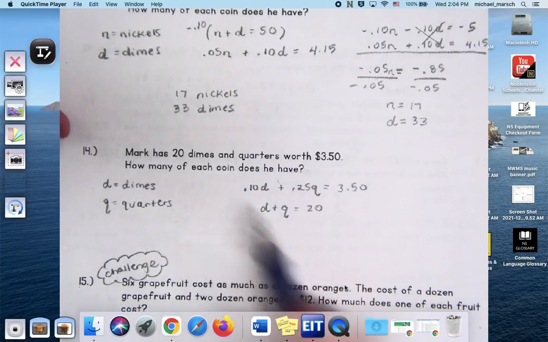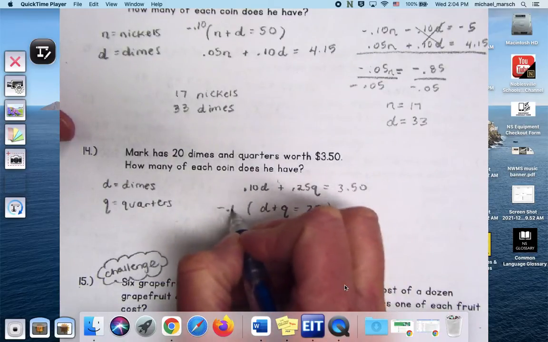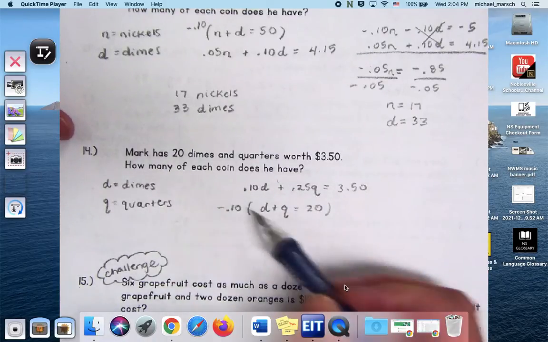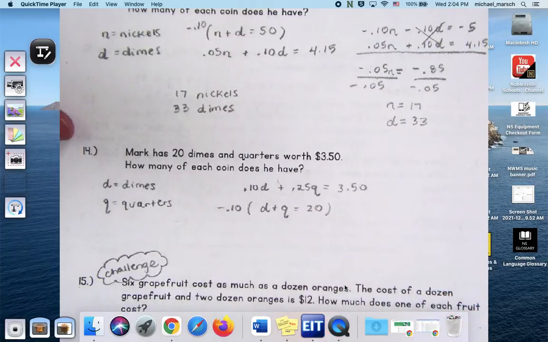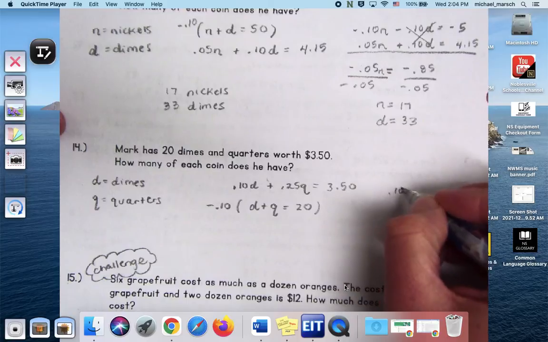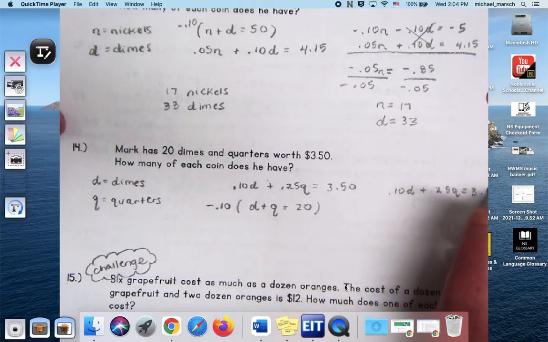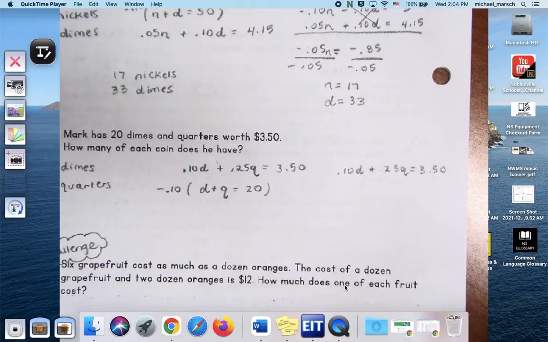So I just need to get one of these to cancel out. So I'm going to multiply this whole thing by negative 0.10. That will get my dimes to cancel out. So I'm going to have 0.10D plus 0.25Q equals 3.50.